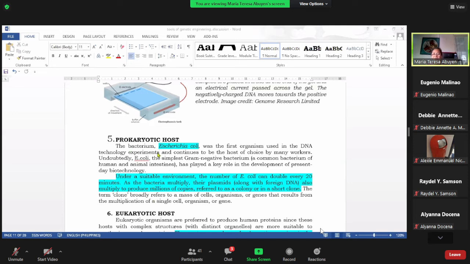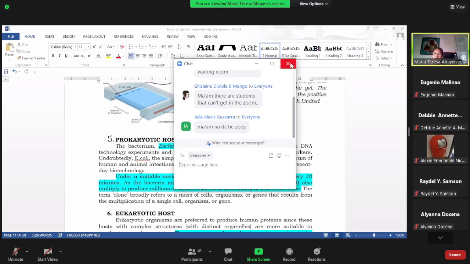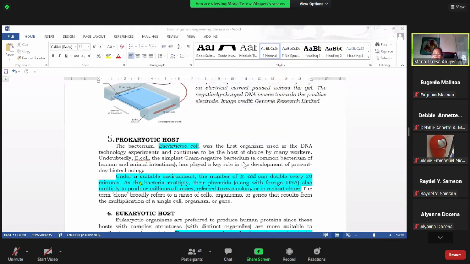Of the so many bacteria in the environment, of the so many viruses that we can use in genetic engineering, why E. coli? The answer is, under a suitable environment, the number of E. coli can double every 20 minutes.